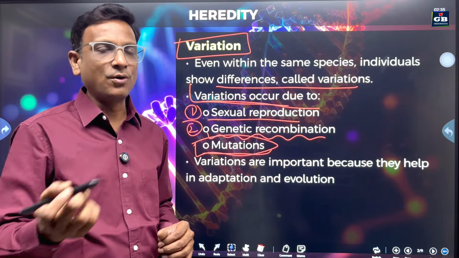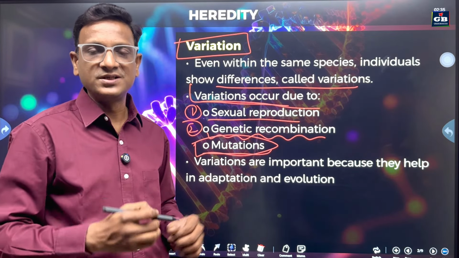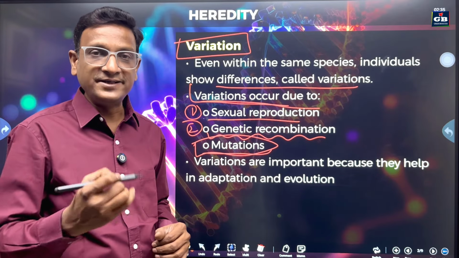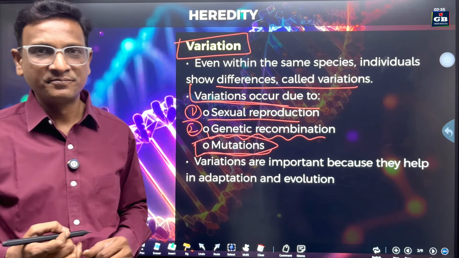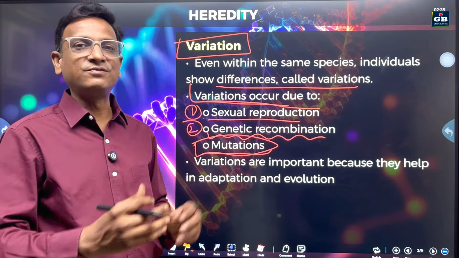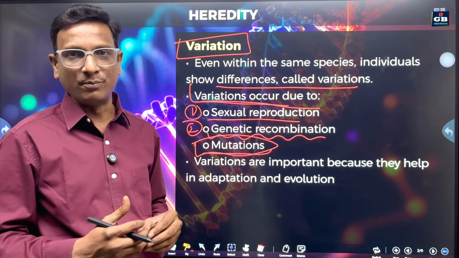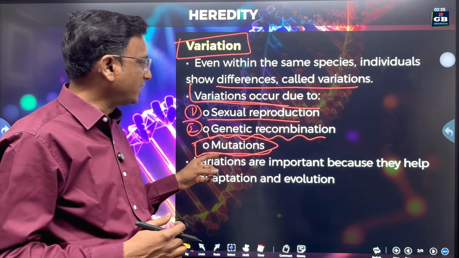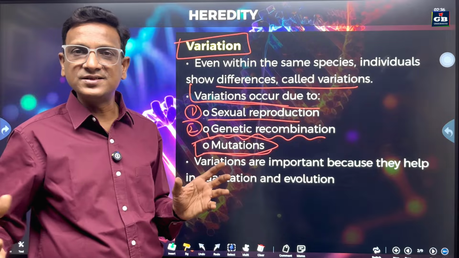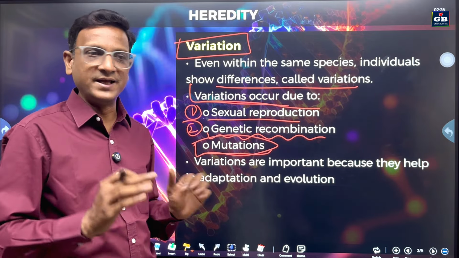Just like when you are copying notes from your friend's notes, you may not write exactly what is there in the notebook. While writing, you may make some mistakes. In the same way, when the DNA is copied, there is a chance for mistakes or errors in copying. Those errors are called mutations, and because of mutations also, the young generations look a little bit different from their parent.